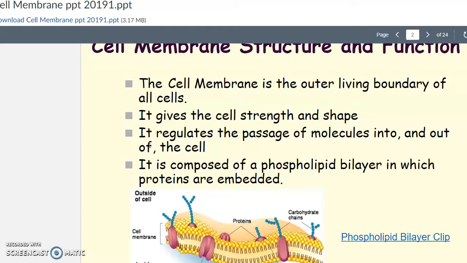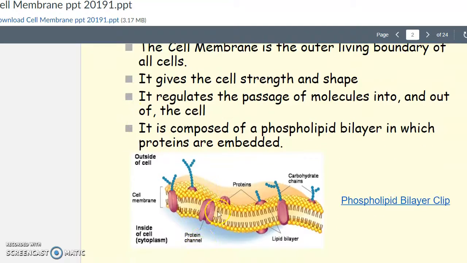It regulates what goes in and out, so these protein channels will act as kind of like a highway system, and it allows different molecules to go in and out of the cell membrane. It's composed of a phospholipid bilayer, so bi meaning two. So it has two layers of the phospholipids, and these proteins are going to be embedded in the phospholipid bilayer.